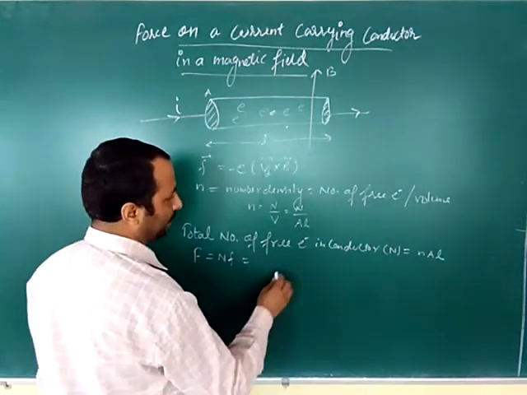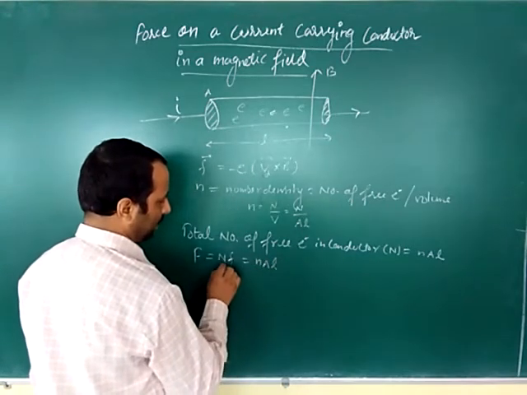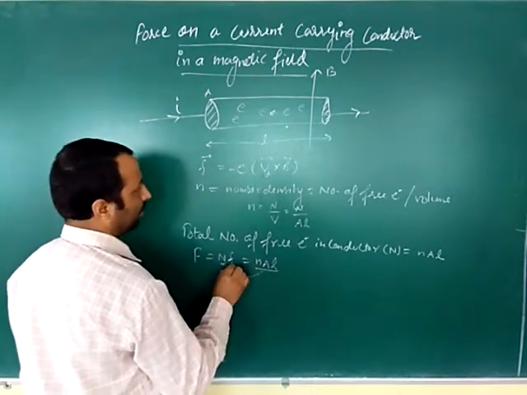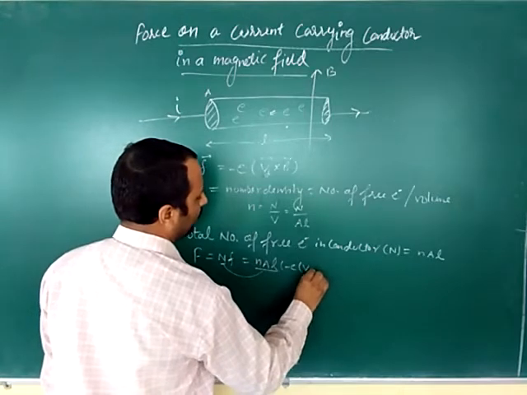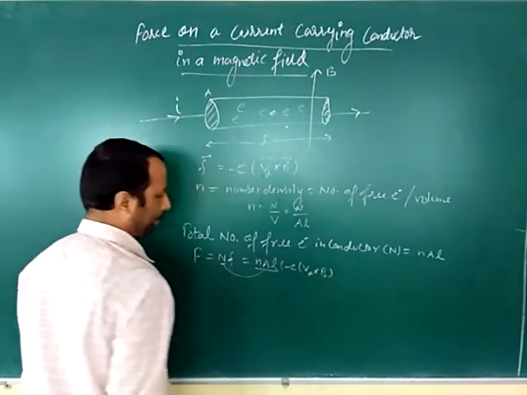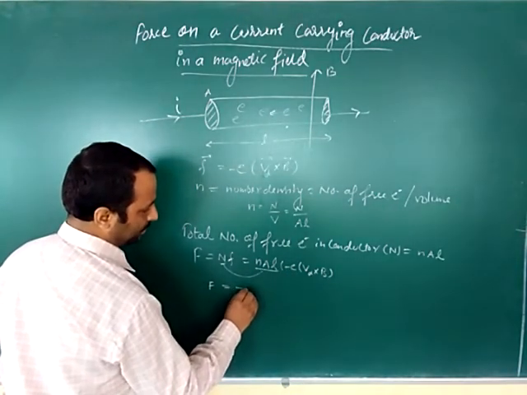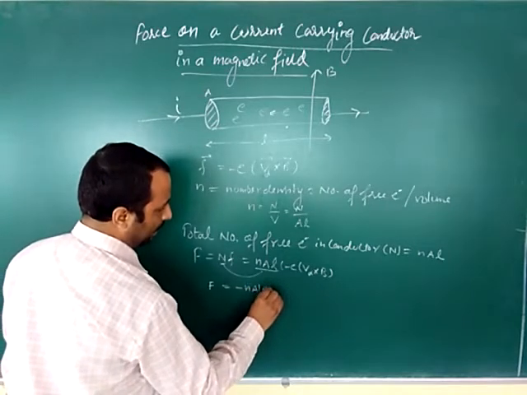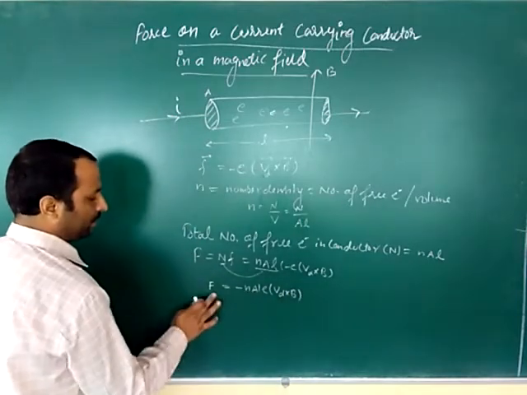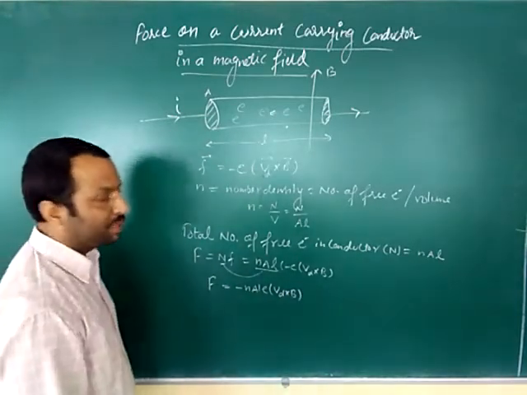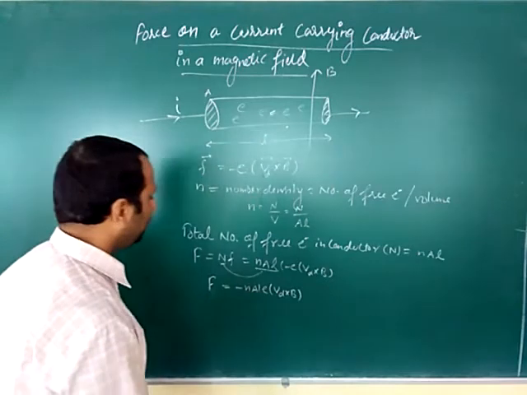So that comes out to be how much? n A L, this much, and f is minus e v_d cross B. So the total force is minus n A L e v_d cross B. This much is the total force experienced by all the electrons in the current carrying conductor.